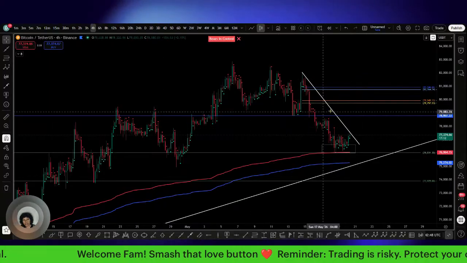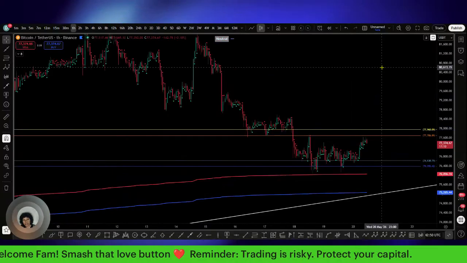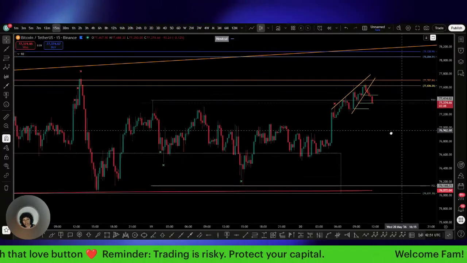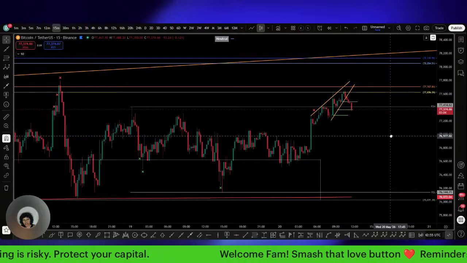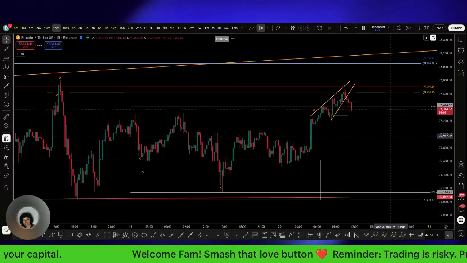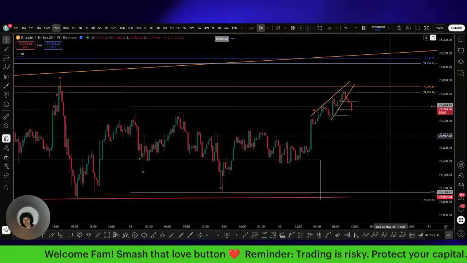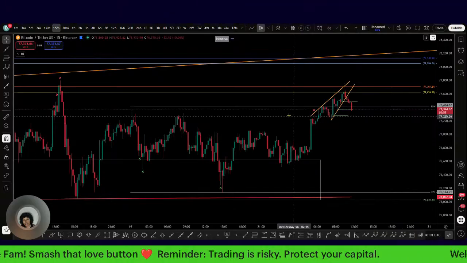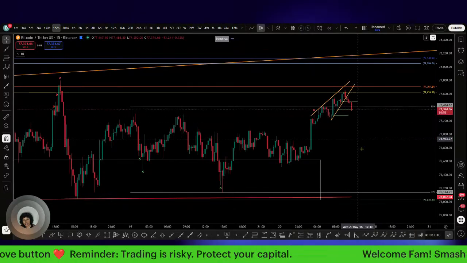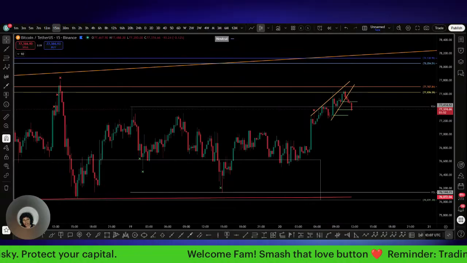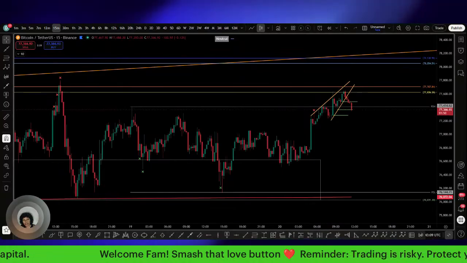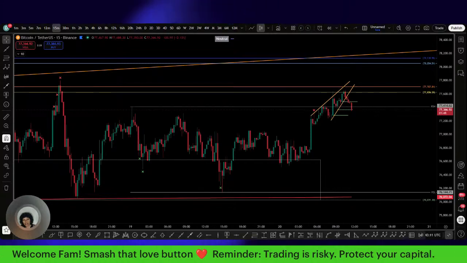Yeah, I see Bitcoin with that drop. Rising wedge drop. See how far this expansion sends us. SPY, same thing, delivering that rejection.